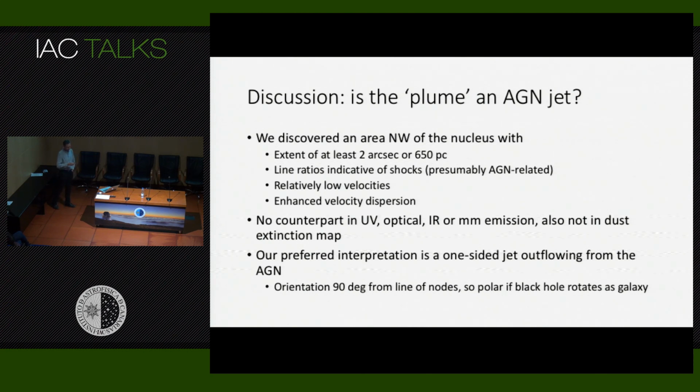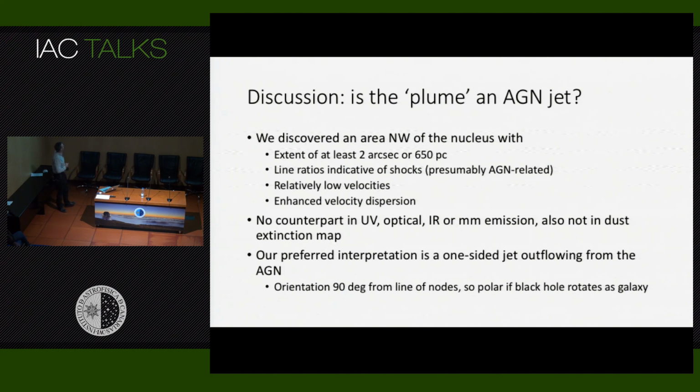So, two discoveries from this. The one is this area northwest of the nucleus, with an extent of at least 2 arcseconds, or 650 parsecs. I say at least because it reaches the end of our field of view, so it might continue further, we don't know yet.